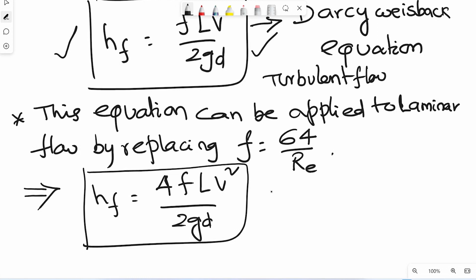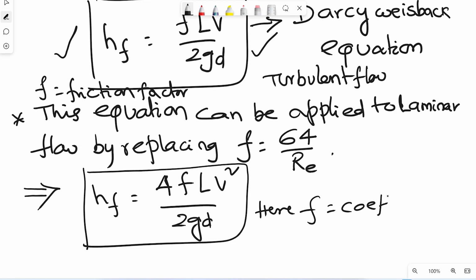In this equation, F is called the friction factor, L is the length of the pipe, V is the average velocity, and D is the diameter. Here F is called the coefficient of friction.